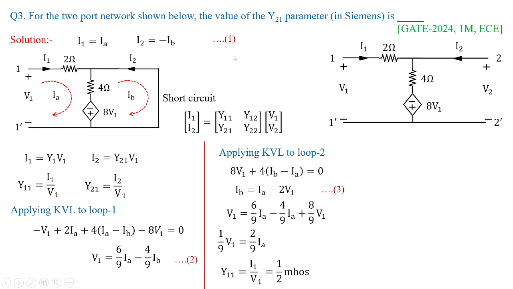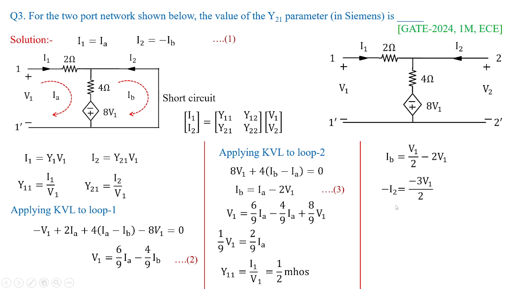Our requirement is Y21. For that, I'll take the help of equation 3, where IB is equal to IA, where IA is nothing but the value of I1 we just got, which is V1 by 2, minus 2V1 from equation 3.